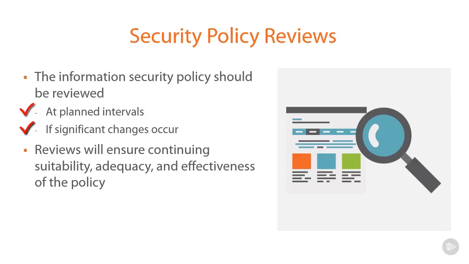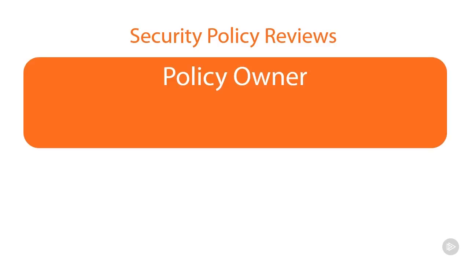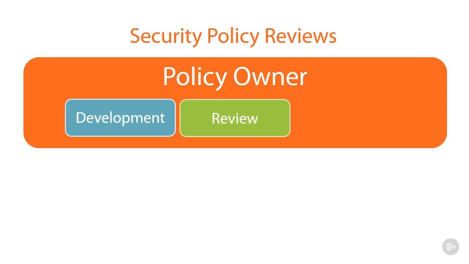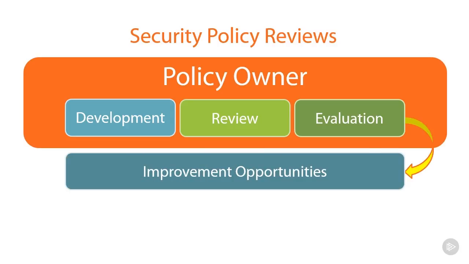Reviews will ensure that the policy continues to be suitable, adequate, and effective for its intended purposes. The information security policy should have an owner who has approved responsibility for the development, review, and evaluation of that policy. The review should identify any opportunities for improvement.